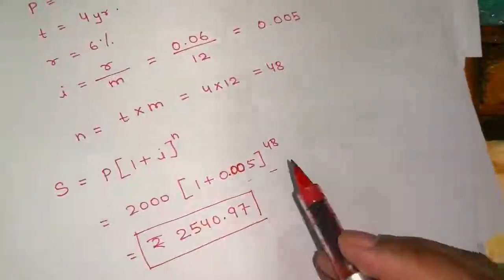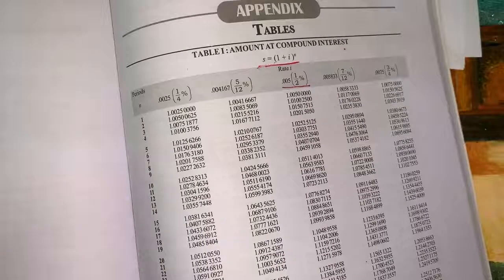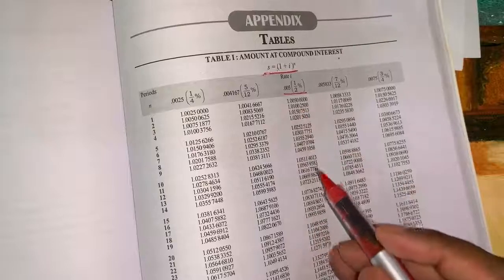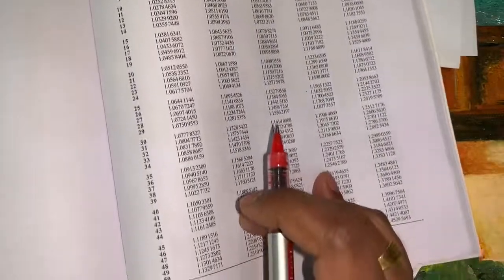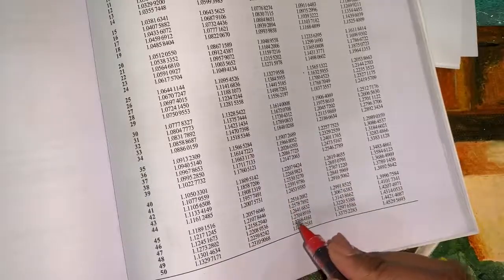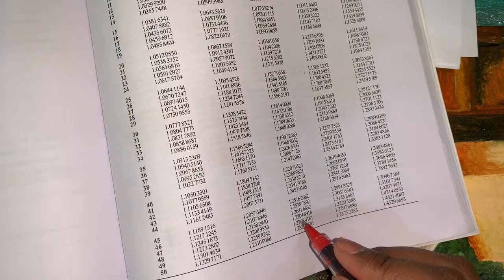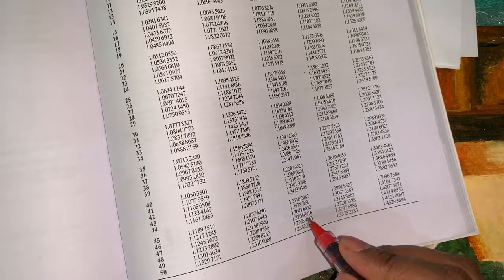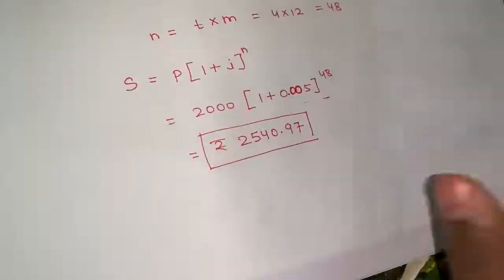My n here is 48. So we will go for 48 in 0.005. Let's go down, and over here you will get a value which is 1.2704. Let's take only 4 digits after the decimal.